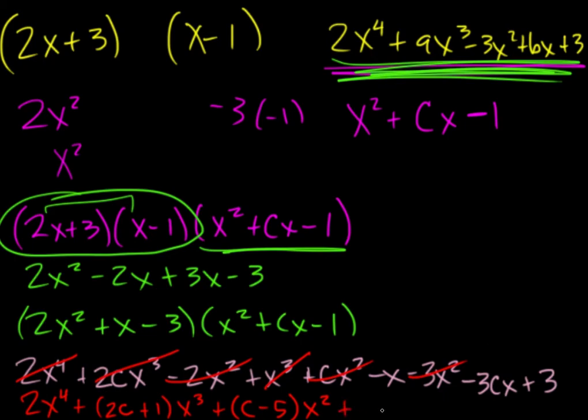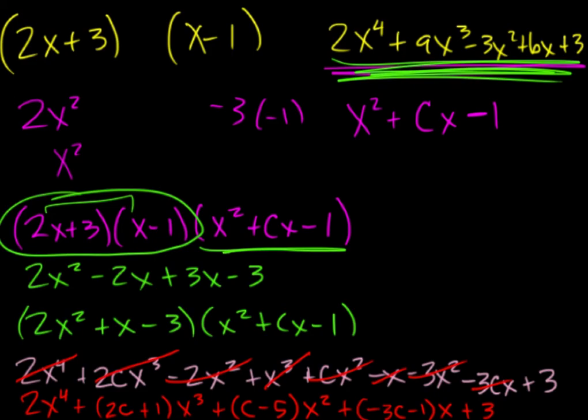And then plus negative x, negative 3c, so negative 3c minus 1 x, plus 3.